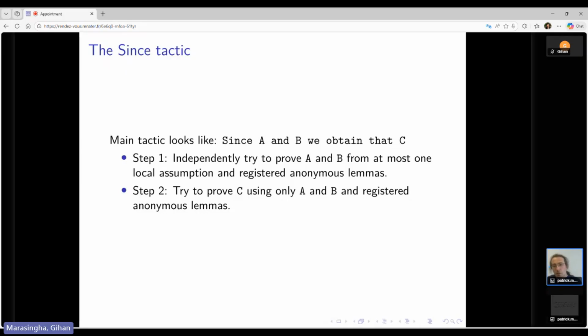The automation in today's Lean can completely crush the exercise, but that would teach nothing at all. So first, independently try to prove A and B, no fancy things. Then in step 2, try to prove C using only A and B and the registered lemmas, doing one thing only.